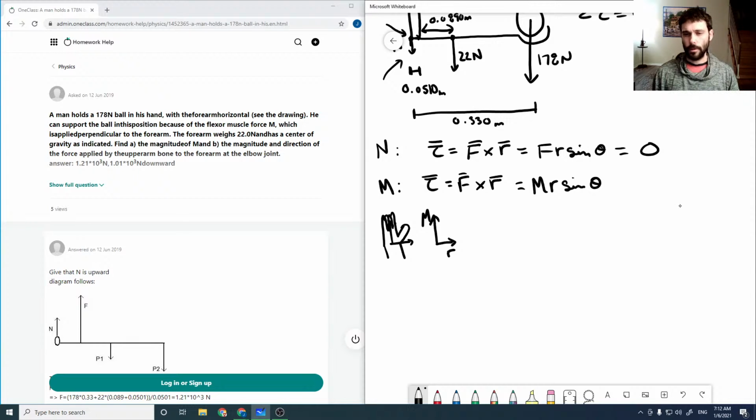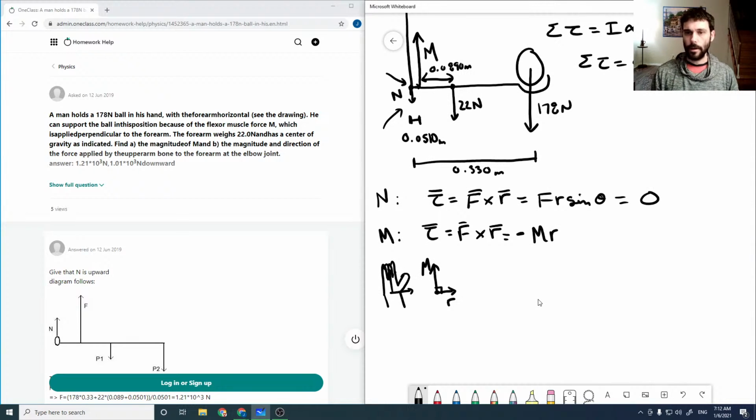In this case, our torque is into the page, and I'm going to define that as a negative torque. So this is minus M R sine theta. Our theta here is 90 degrees, sine of 90 degrees is 1, so it's just minus M R.